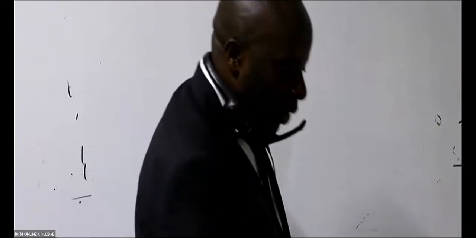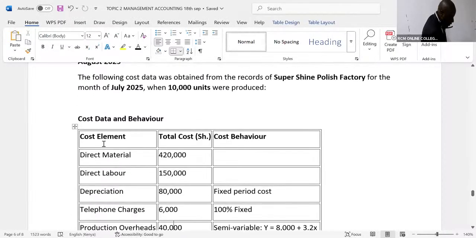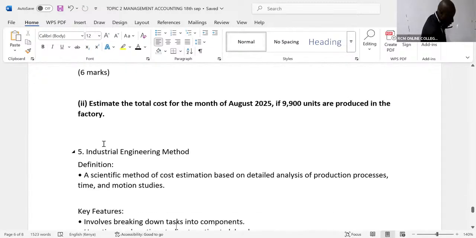The next model is known as industrial engineering technique. And that handout has this concept of industrial engineering technique. Yeah, there is a page there.